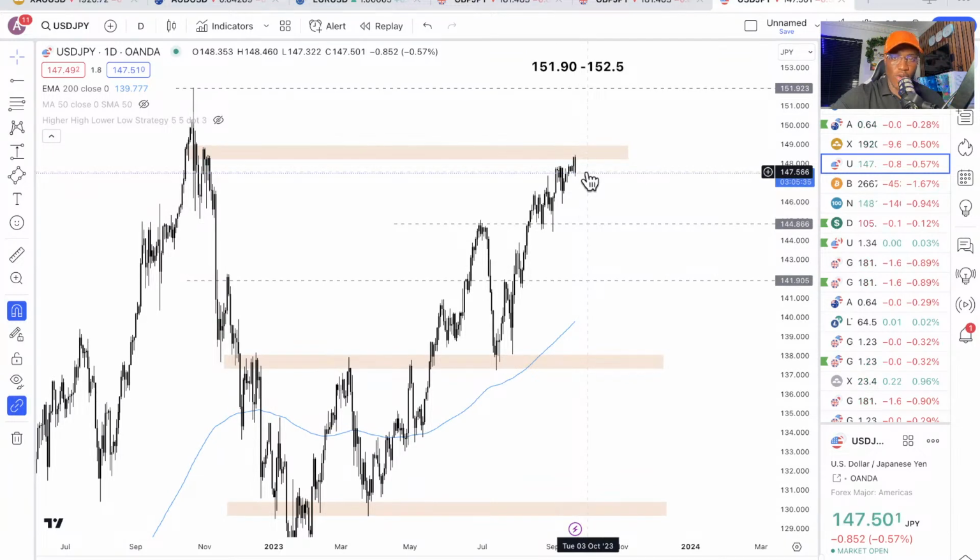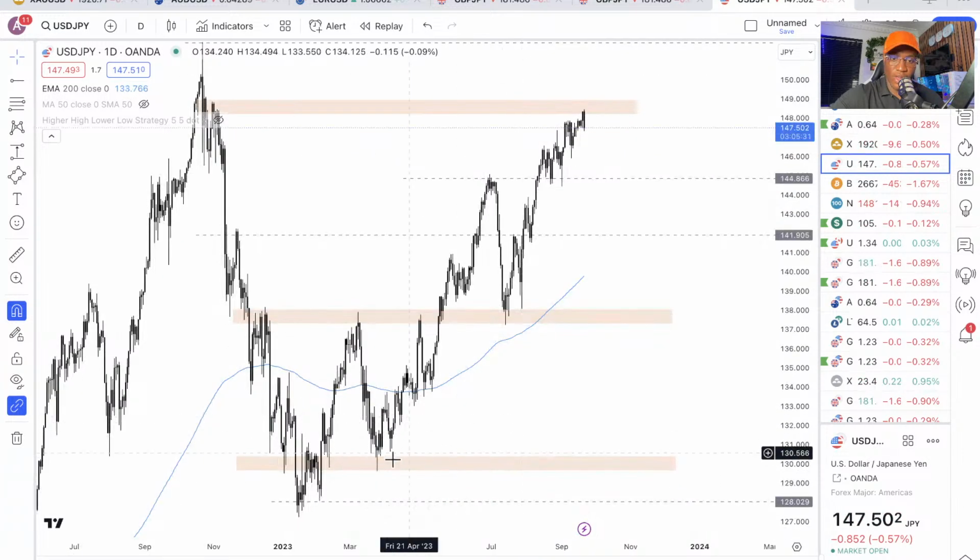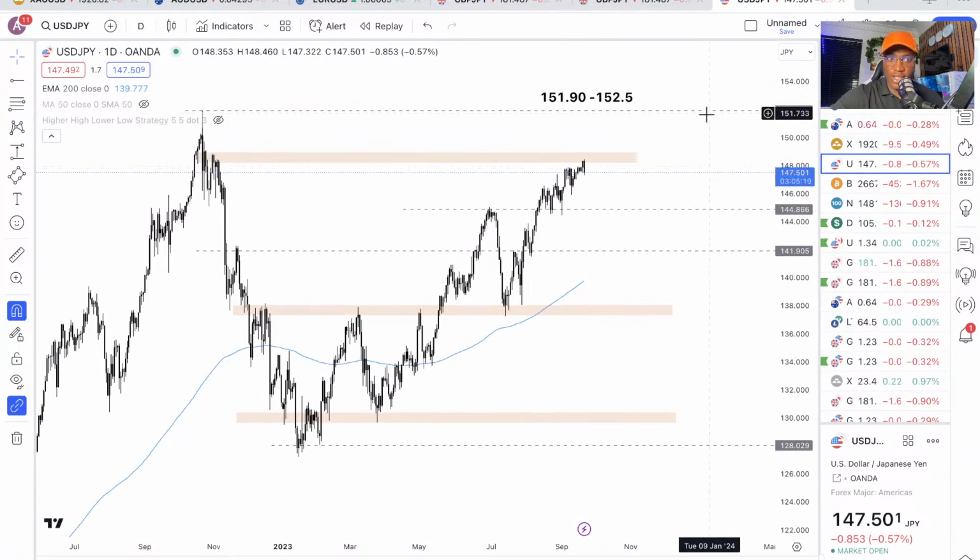So if you want to go long on USDJPY, we're coming from a very strong uptrend. We've made a retest at this previous resistance or this previous pullback here. We have major resistance at the top, which I believe the dollar yen is going to make a retest at in the coming weeks, as long as the dollar remains strong.